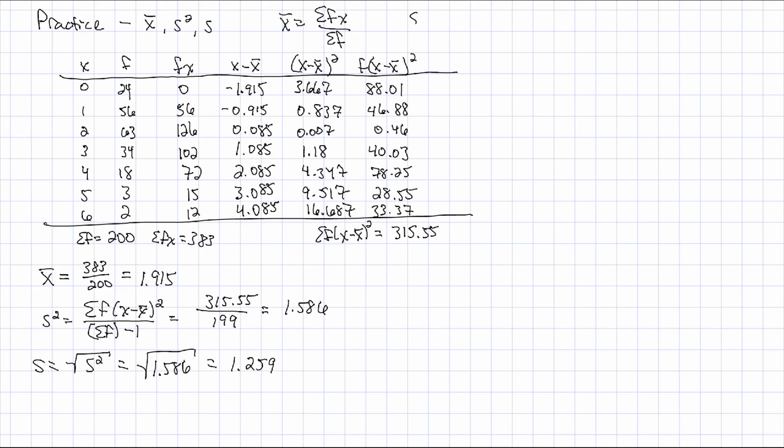So, our variance equation could be the sum of f times x minus x bar squared over the sum of the f's minus 1, or we can do it as the sum of our frequencies times each of our x's squared, minus the sum of our frequencies times our average squared, divided by the sum of our frequencies minus 1.